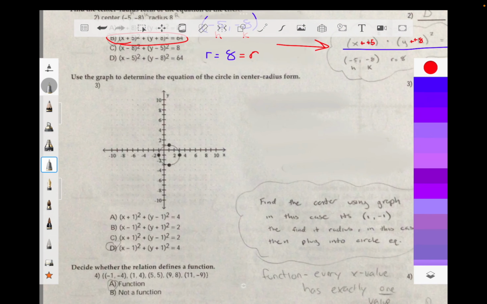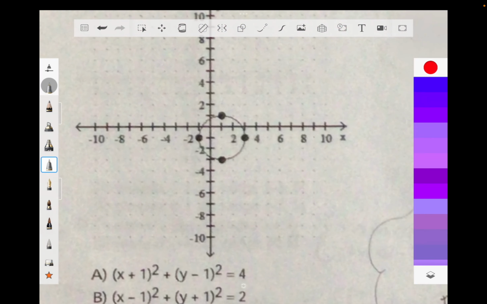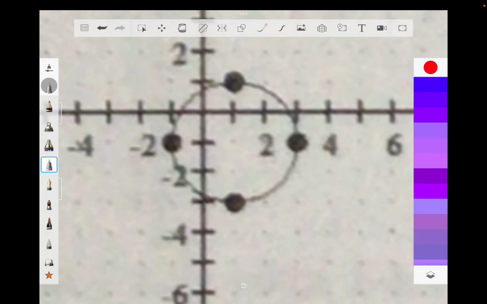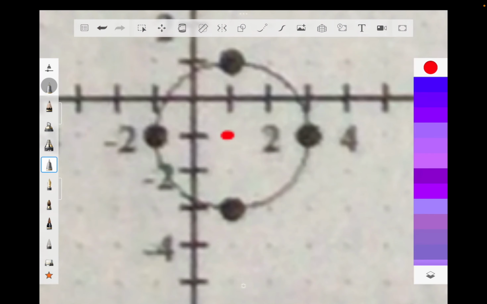All right. Same thing for this one. We need to find the equation that represents a circle. We need the center point and its radius. The radius is half the distance across a circle, so from the middle to one of the walls. Let's start with the center point. The center point is this one right here.